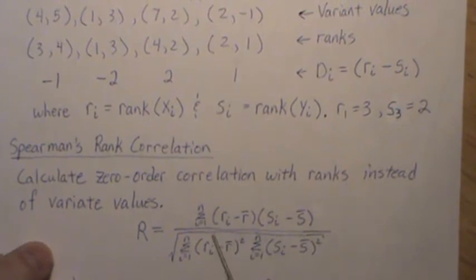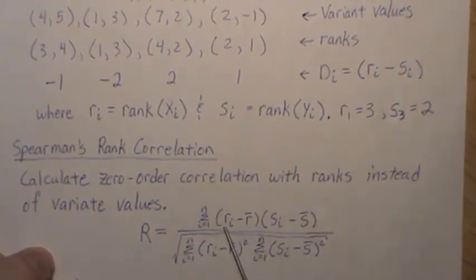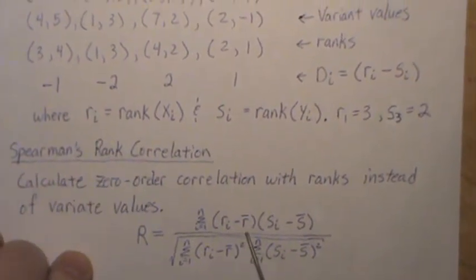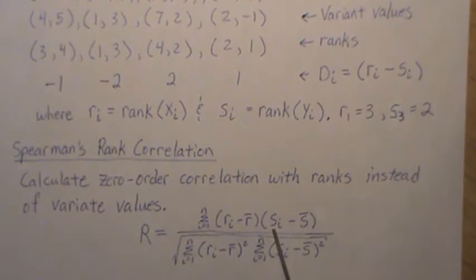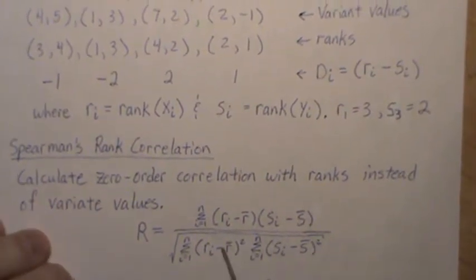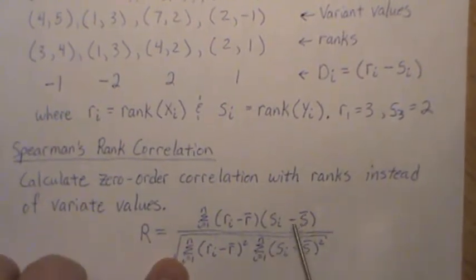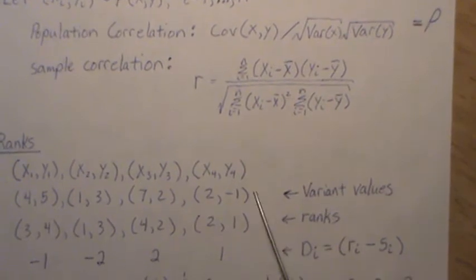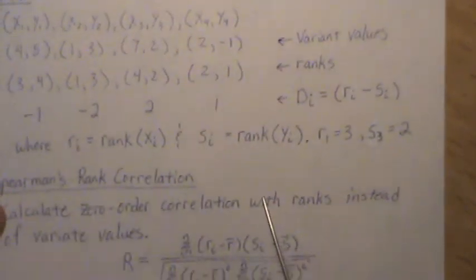Notationally we have to do it like this. Instead of x_i, we use r_i because that's the rank of the x's, and this is the mean of the ranks. s_i are the ranks of the y's, and this is the mean of the y ranks, and the same thing down here. Now these two formulas are 100% the same, but one uses the variate values and the other uses the ranks.